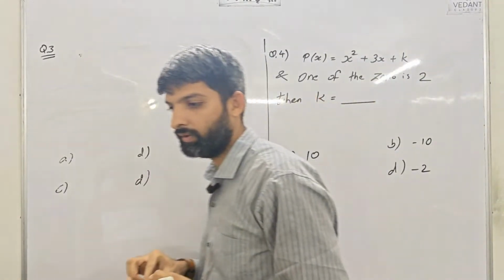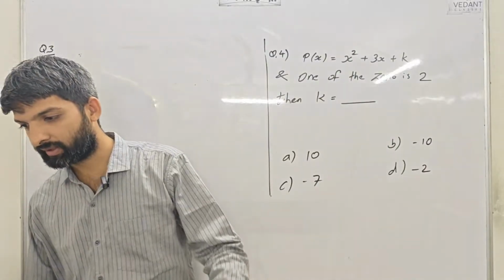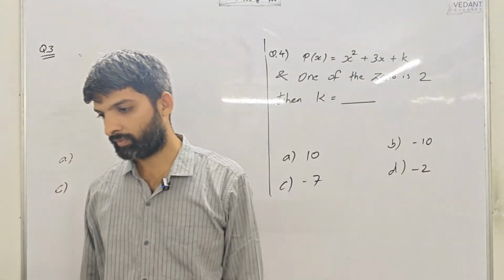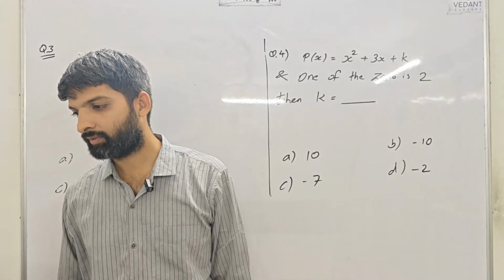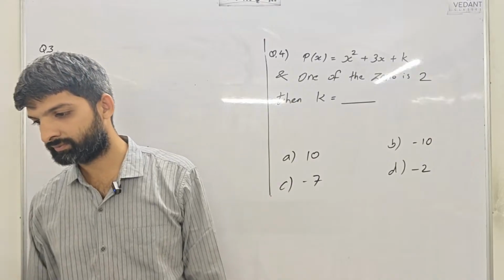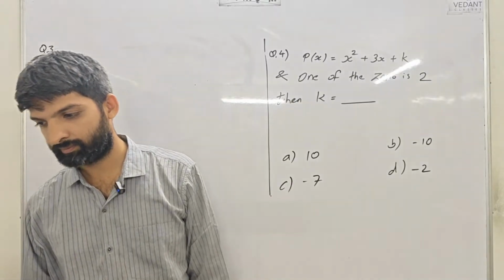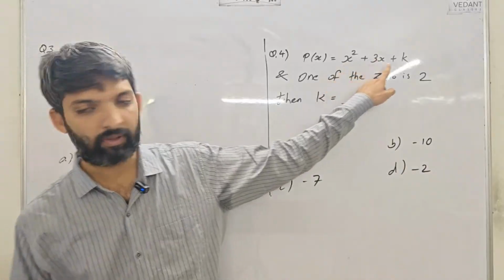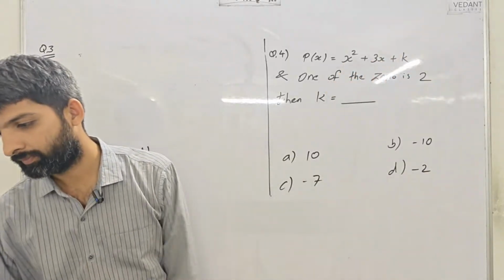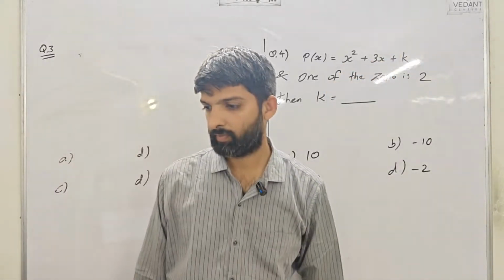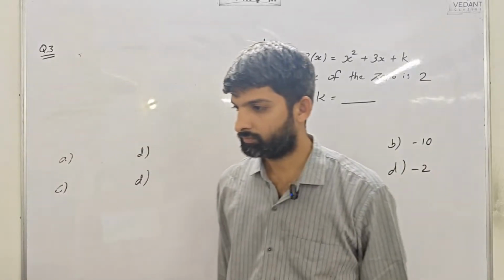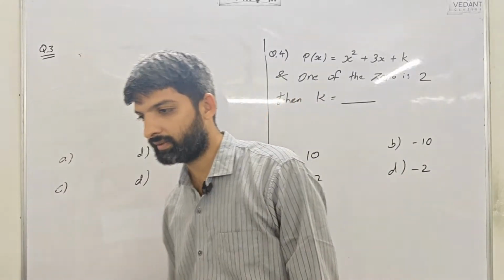There is one error, x square is given. Still some are getting the answer. Now you can correct it: x square plus 3x plus k. Now we will get the correct answer.